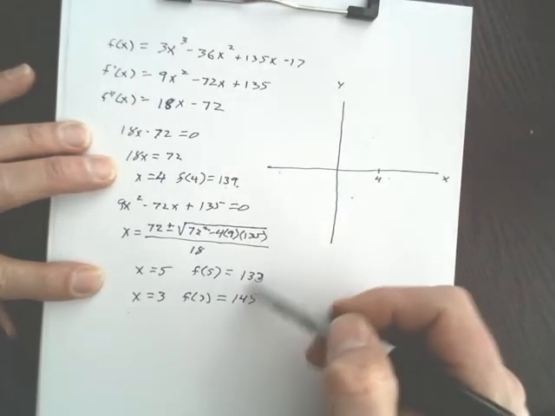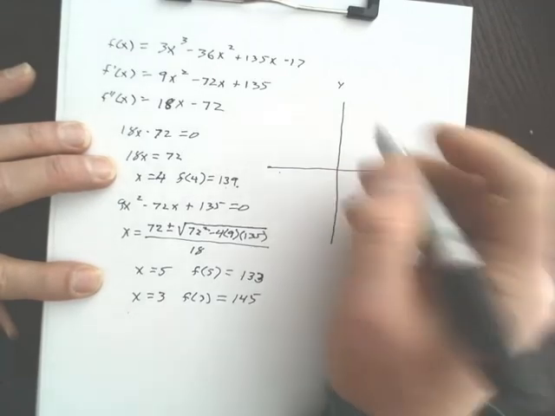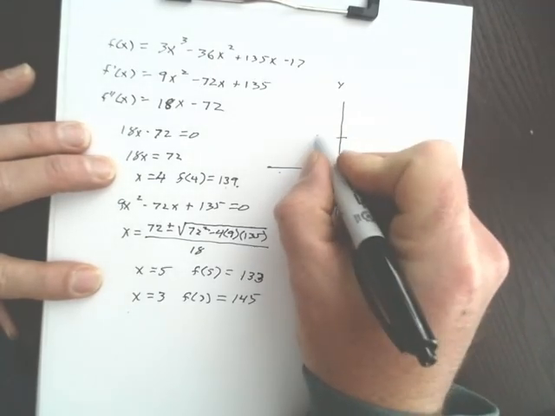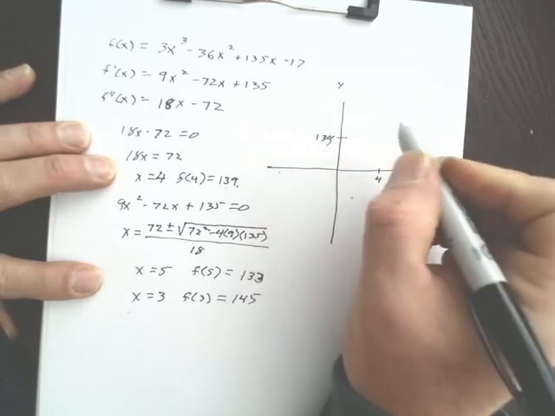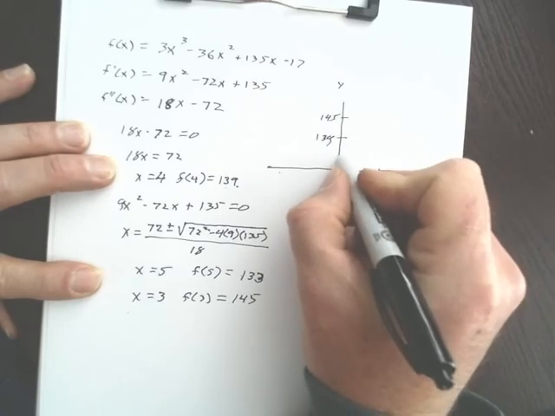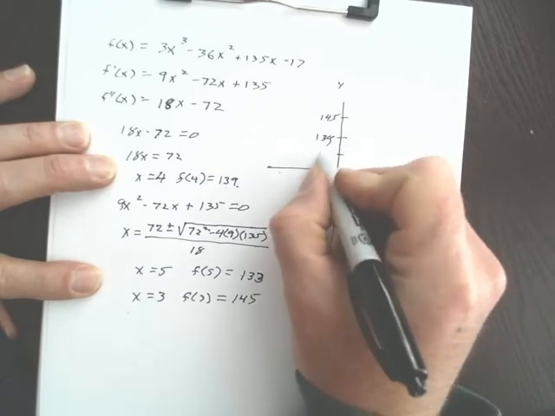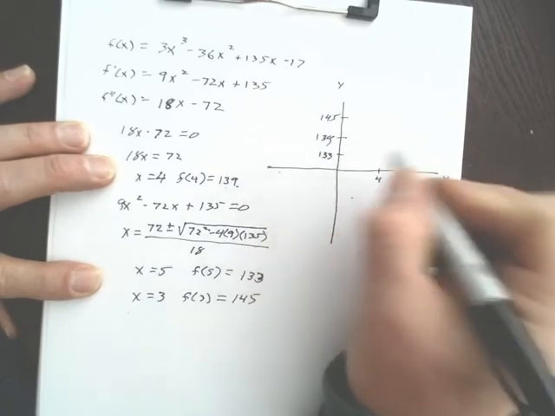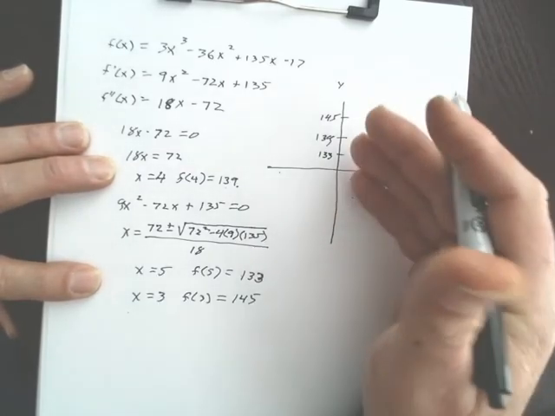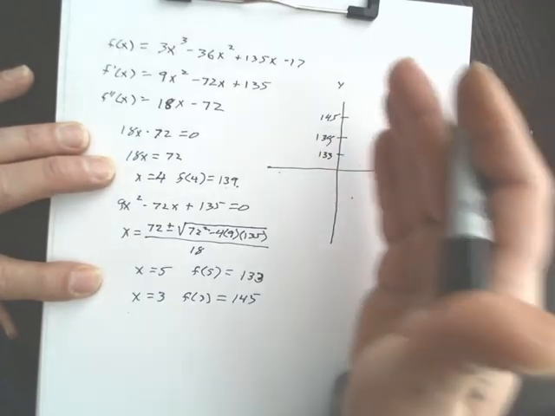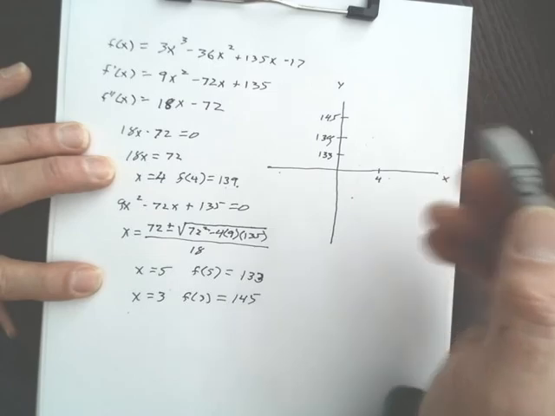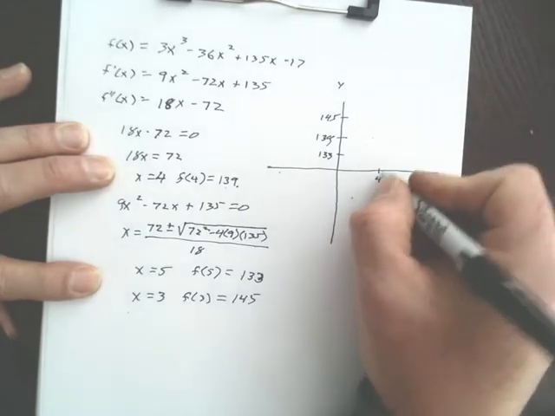You can see why I held off on this, just because I wanted to find these other 2 points in position to one another. So we're just going to call this 139. We're going to call this 145, and we're going to call this 133. Again, we're not worried about scale. We're sketching this in. We want it to be graphically correct, but the scale on the axes can pretty much be whatever it wants to be.